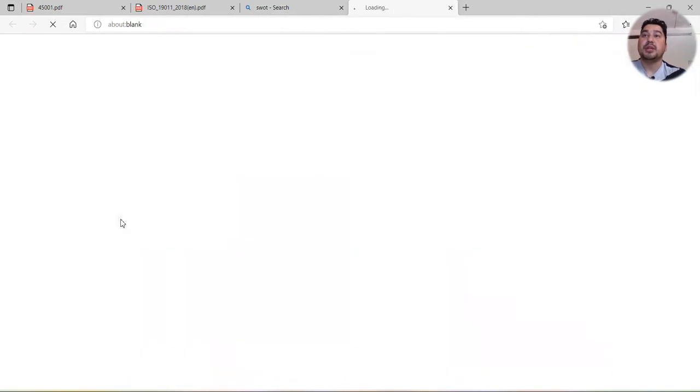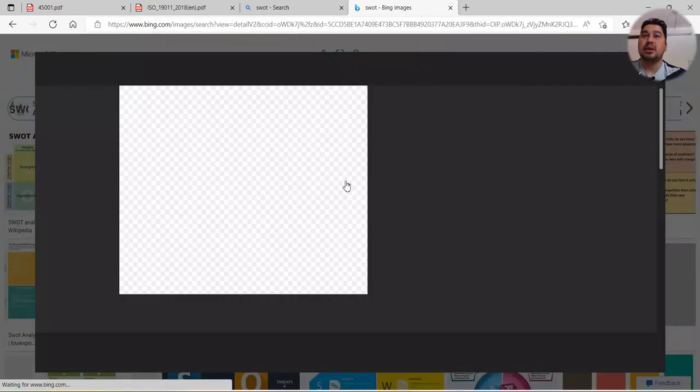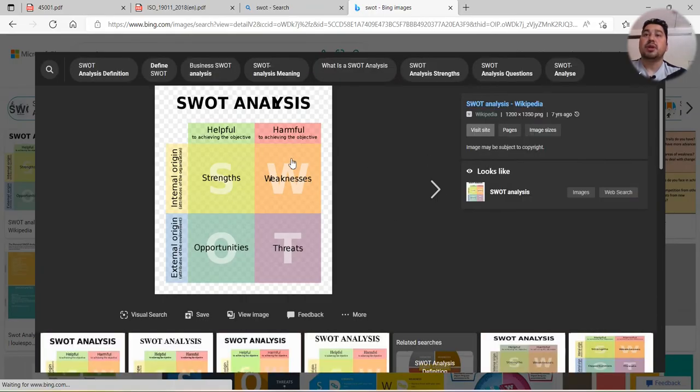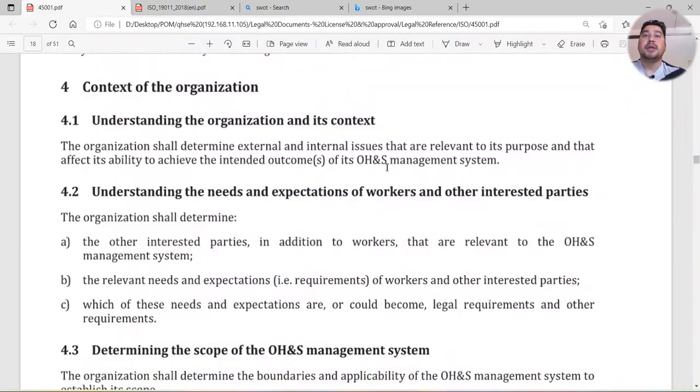It will tell you what your strengths and weaknesses are, and your threats and opportunities. Weaknesses and threats, these two we have to consider as your internal and external issues. So it will tell you what your internal issues and external issues are. An internal issue could be, for example, cultural difference.